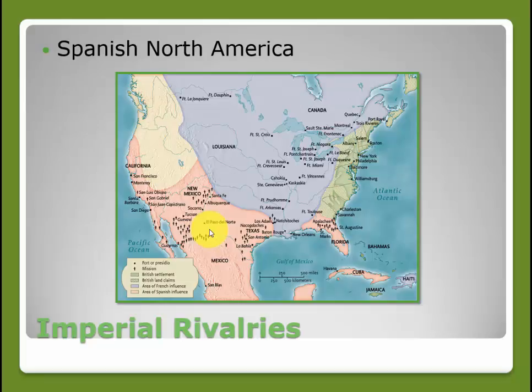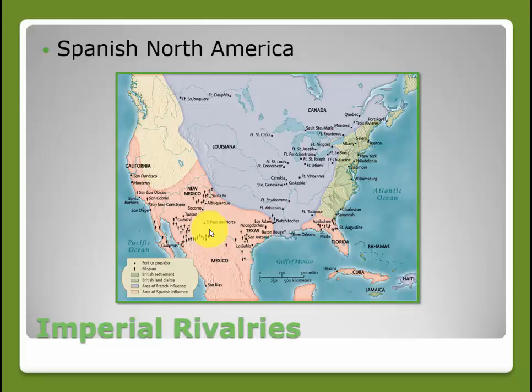As Britain's North American colonies grew, imperial rivalries over North America intensified. But while the colonies of France and Spain were territorially very large, they were much smaller in population and less economically developed. You need to know that.